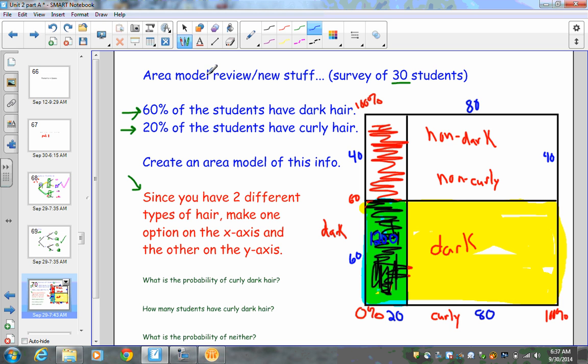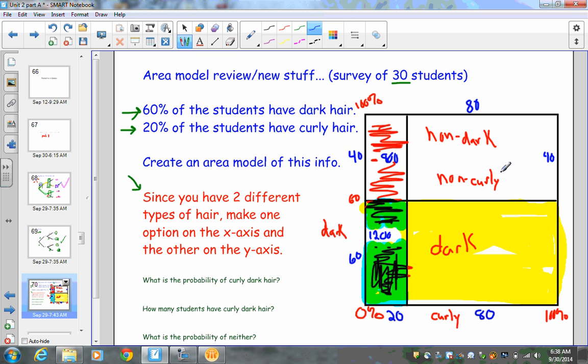And you really can't see that, so let me erase a small little spot here. So this little shared area is going to be 1200. Okay. This up here is going to be 800 because that's a 40 times 20 situation.